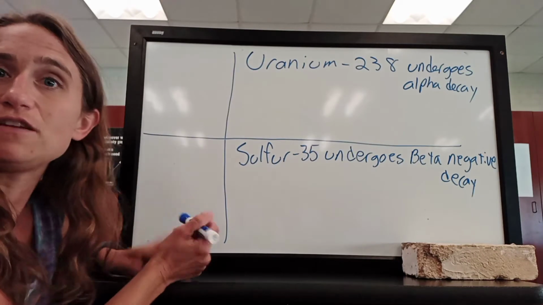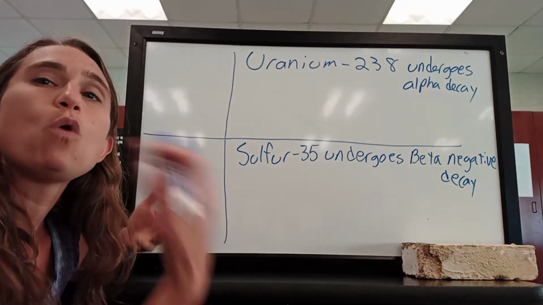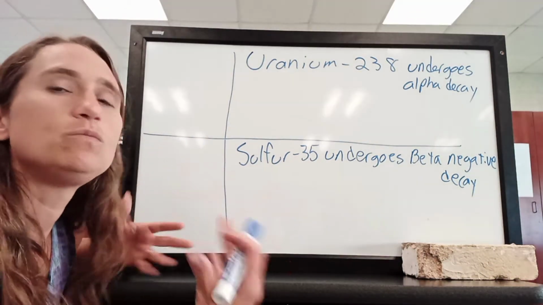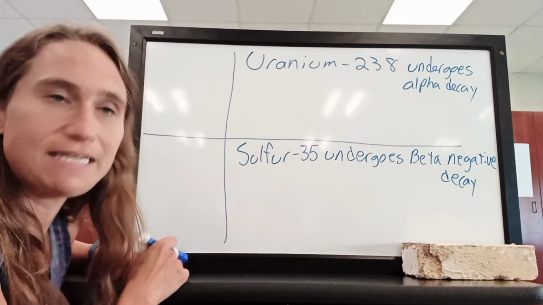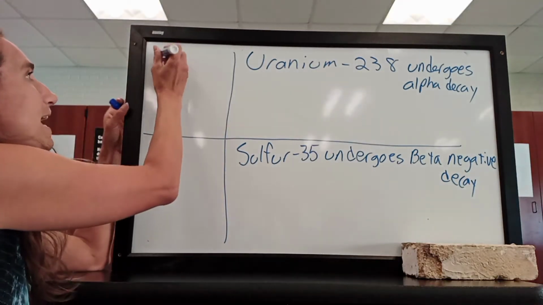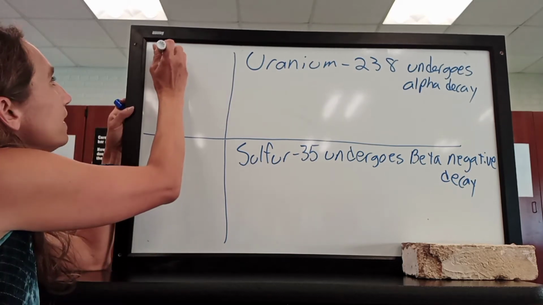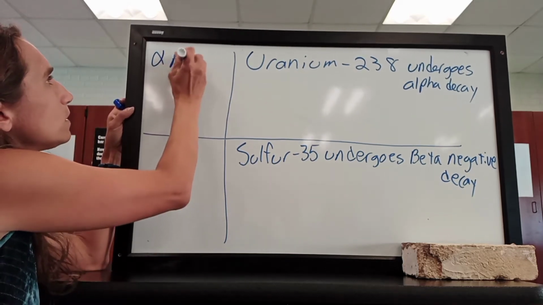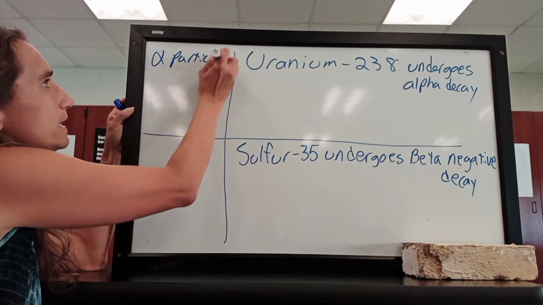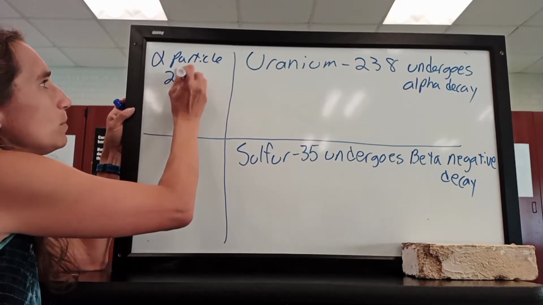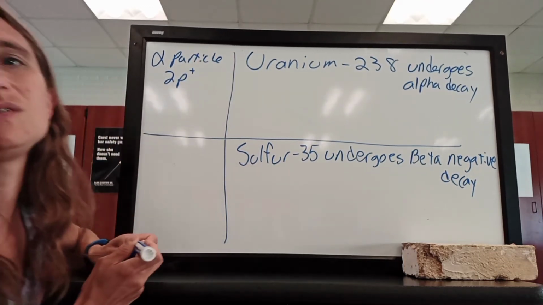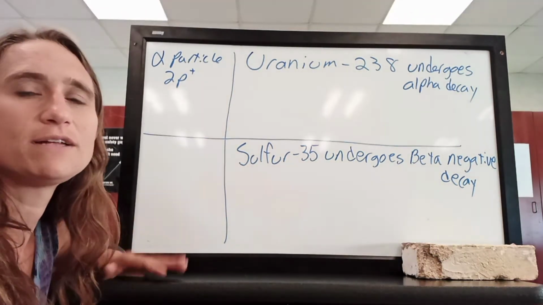Now, if you watched the other videos, if you went through what each of these processes are, you'll see that in alpha decay, we emit an alpha particle. That alpha particle is composed of 2 protons. Throughout the year, I'm going to use symbols to represent protons and neutrons and electrons.